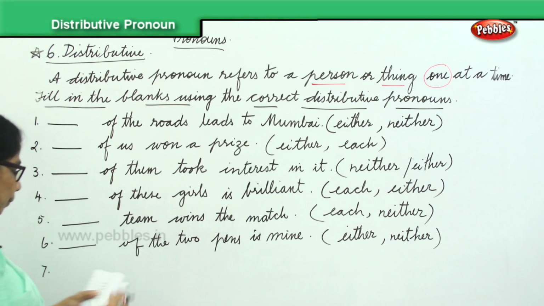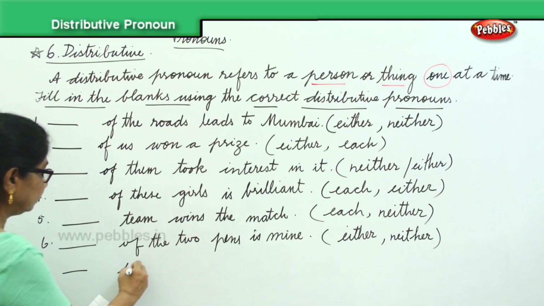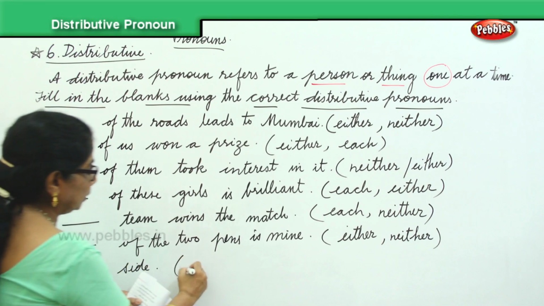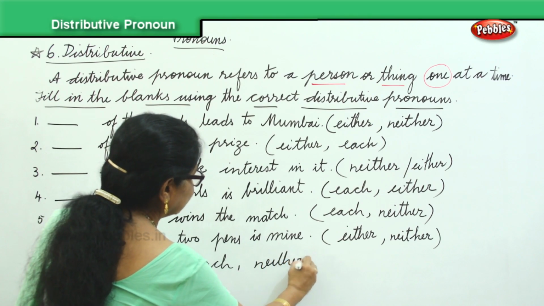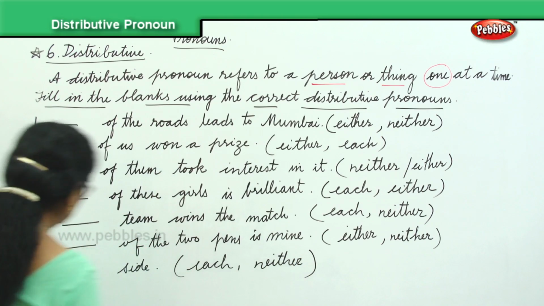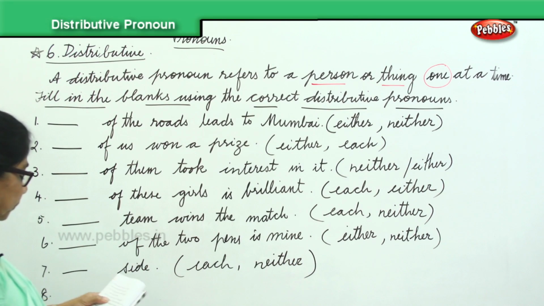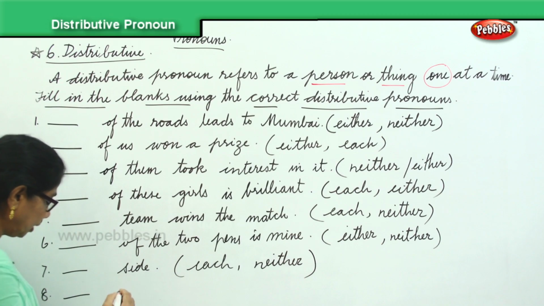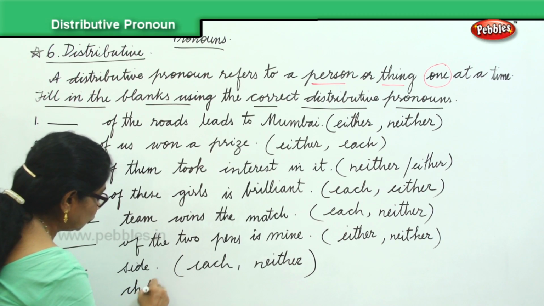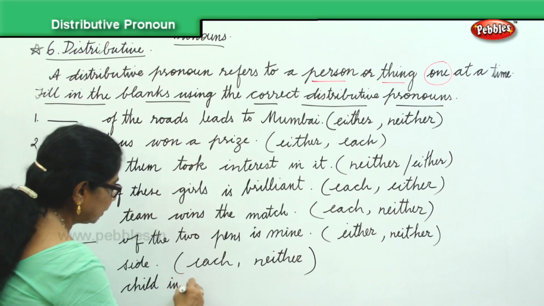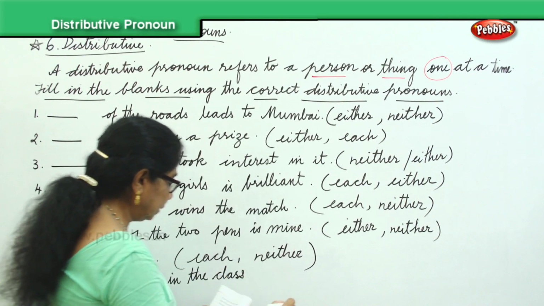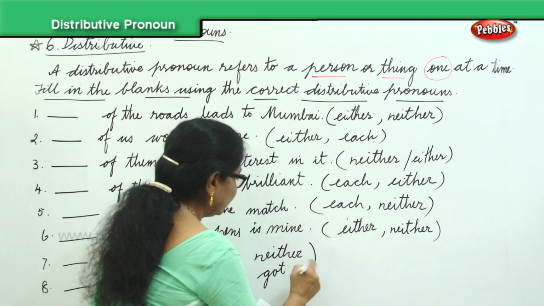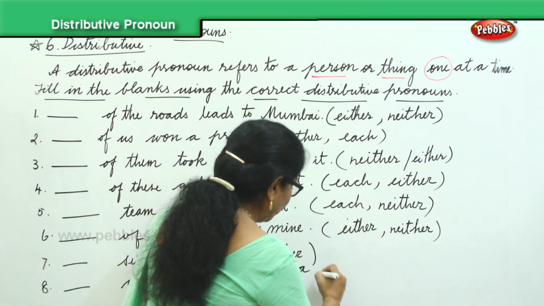Then we have dash side. Each, neither. Finally, I have for you dash child in the class got a book.